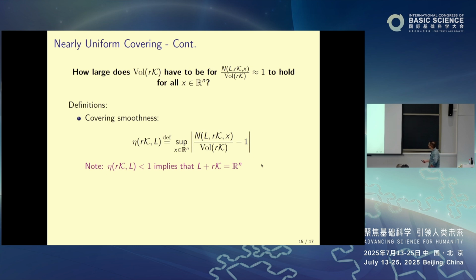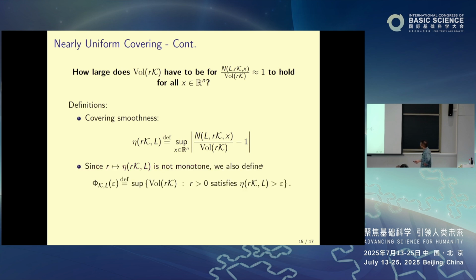Now note that if this quantity is smaller than 1, it must mean that n is always greater than 0. Right, so having covering density smaller than 1 in particular implies that L plus Rk is a covering. So requiring that this is small is stronger than just requiring covering.